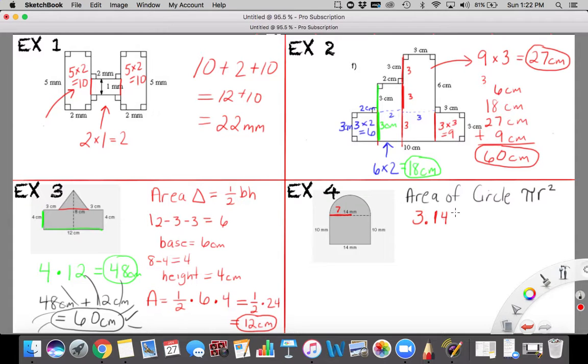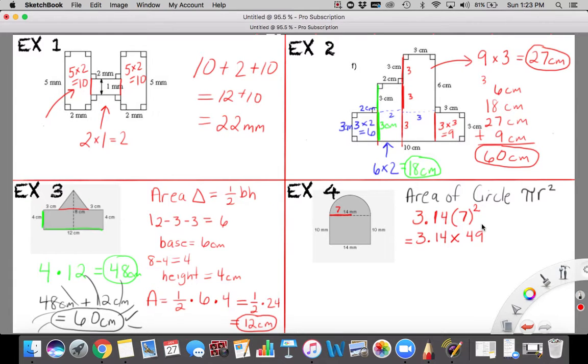And then we're going to say times, so I can put parentheses, the radius is 7 to the second power. Now, we have to do 7 to the second power first. So this is 3.14. And 7 to the second power is the same thing as 7 times 7. So 7 times 7 equals 49. So this is 3.14 times 49.